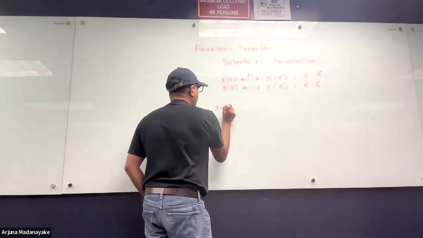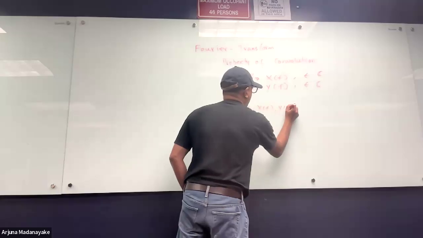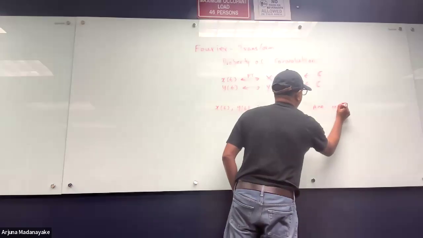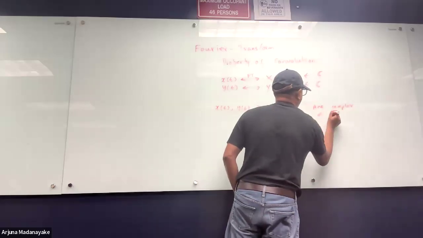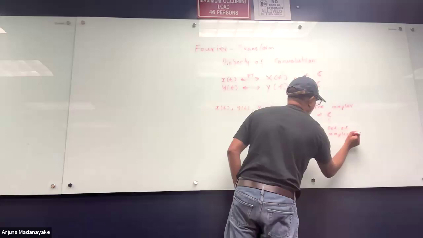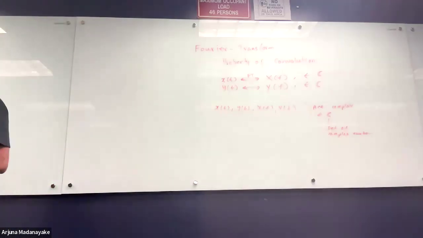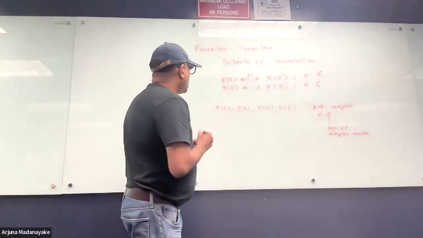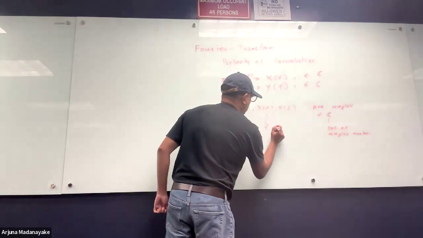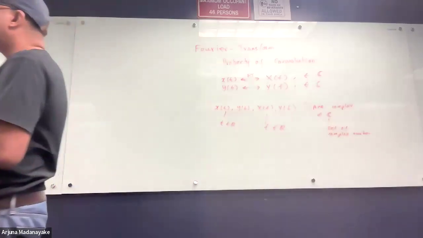So in the general case, x of t, y of t, X of f, Y of f are complex functions. The domain and range are both complex. Sorry, not the domain. The domain is real, so t is real. But the range is complex valued, right?